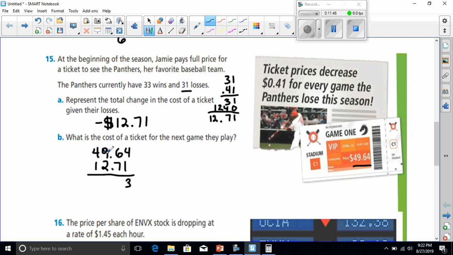This I need to borrow, right? So that's going to turn this into an 8. And this is going to be 16. That's going to be a difference of 9. And 8 minus 2 is 6. And 4 minus 1 is 3. So the new price of the tickets is going to be $36.93.